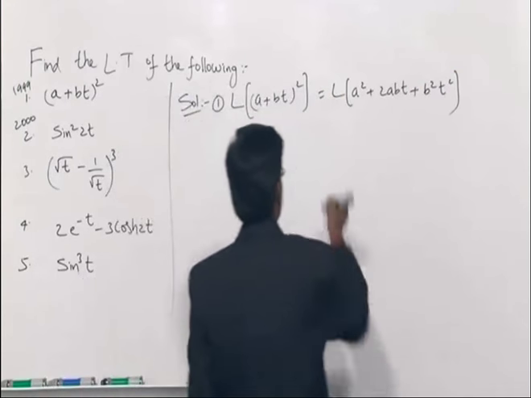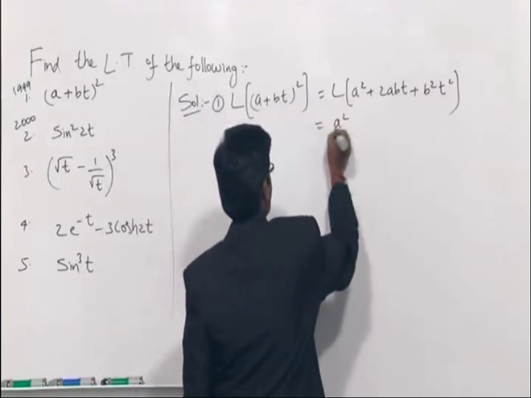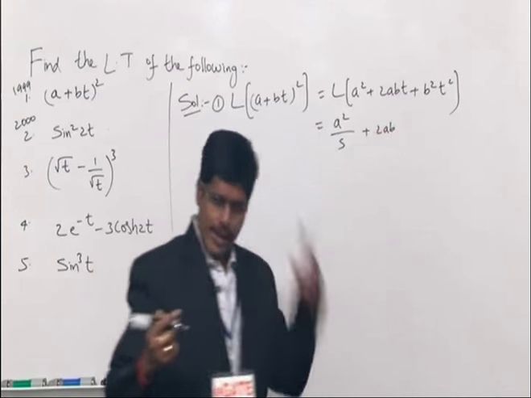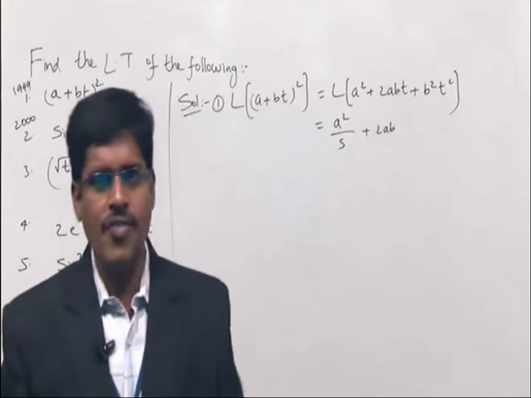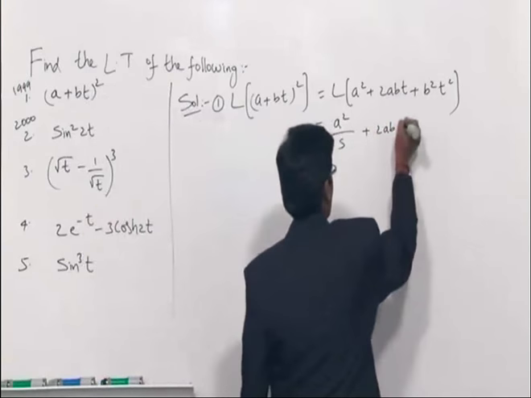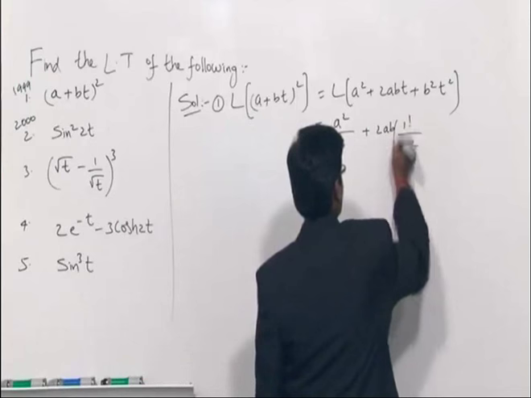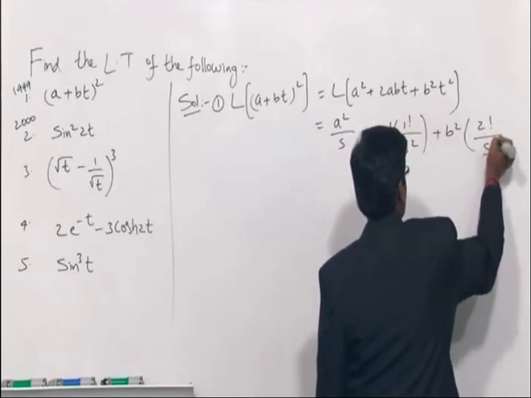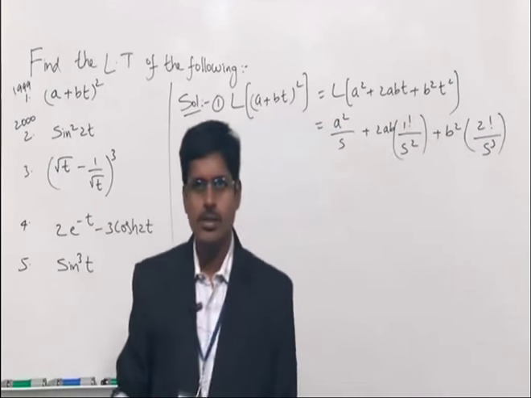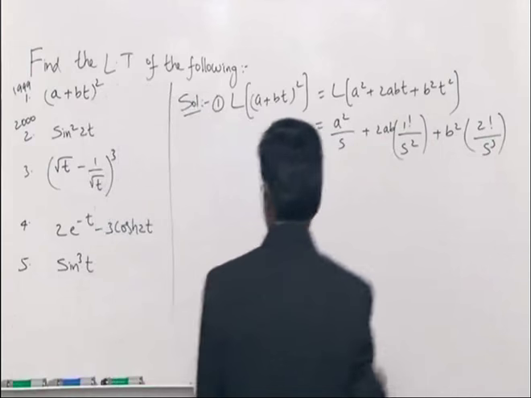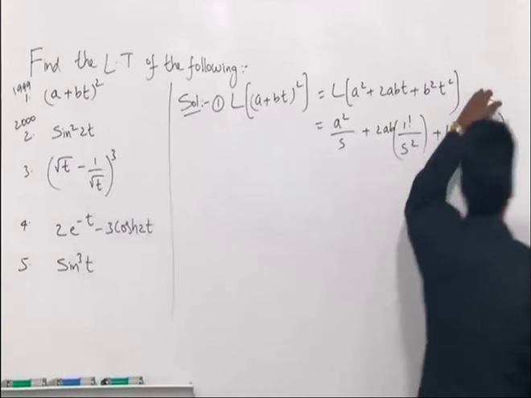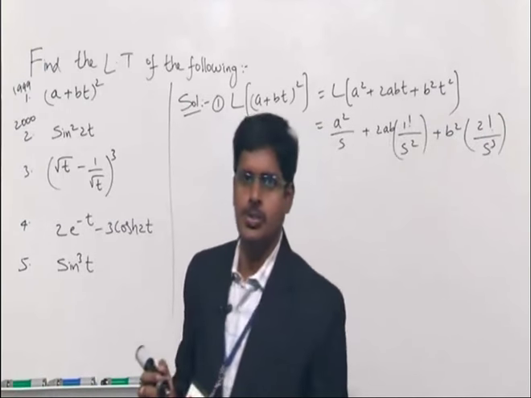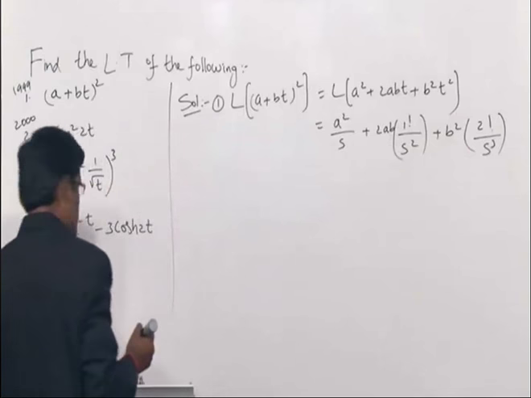Okay, so this is L of a square constant, a square over s, 2ab constant, bring outside, L of t, that is t raised to n for n is equal to 0, 1, 2, 3, that I have given, n factorial by s raised to n plus 1. So 1 factorial divided by s square, plus b square t square, n is equal to 2, 2 factorial by s cube. Later you simplify further depending on the options.